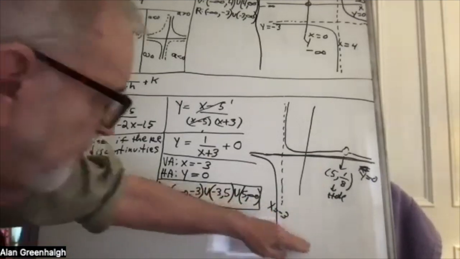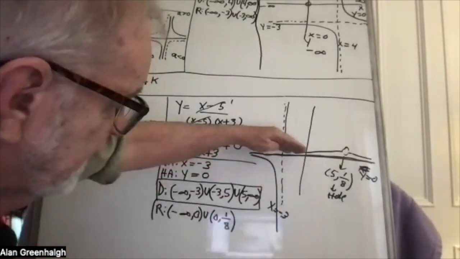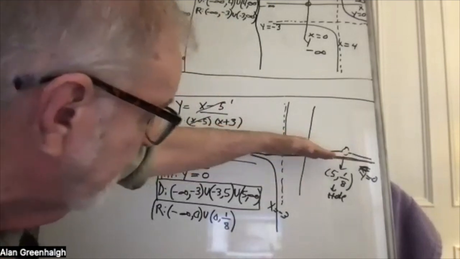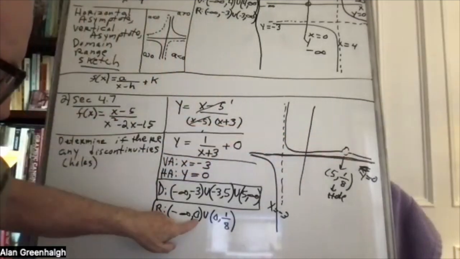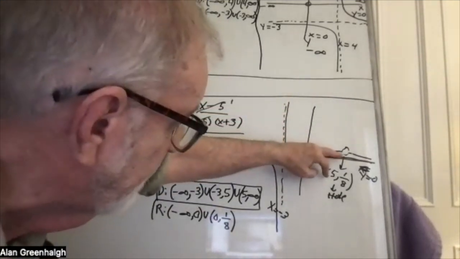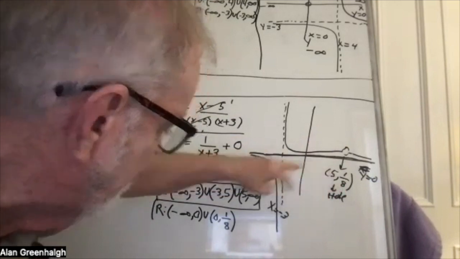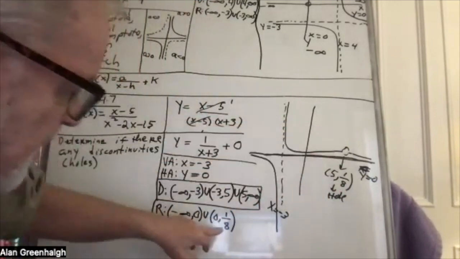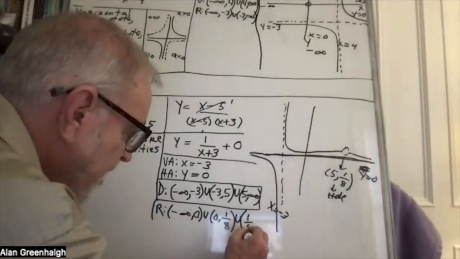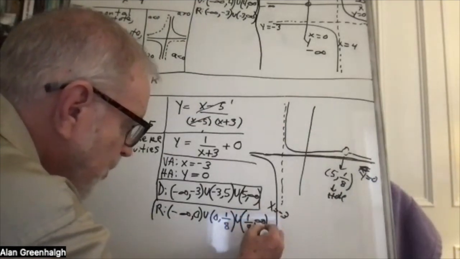All right, so it's going from -infinity, and it stops at the horizontal asymptote, which happens to be y equals 0, and then picks up again on the other side. It doesn't go very far, because at 1/8 there's the hole, so it stops there, and then it picks up again on the other side and goes all the way up to infinity.